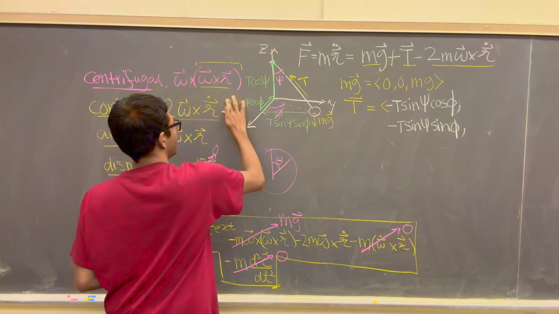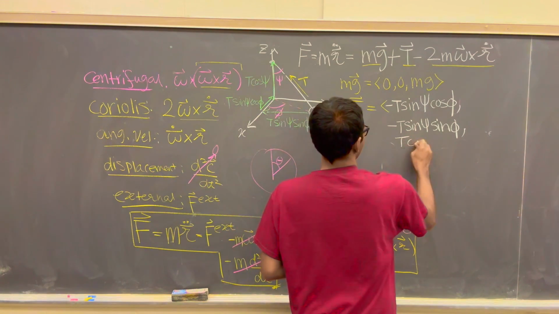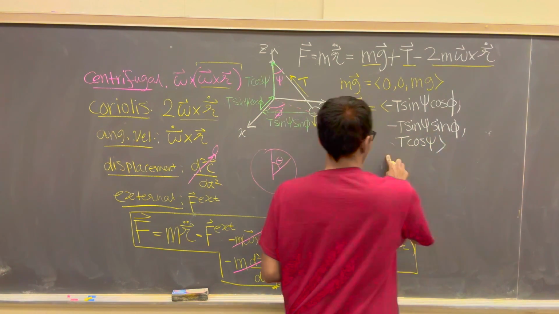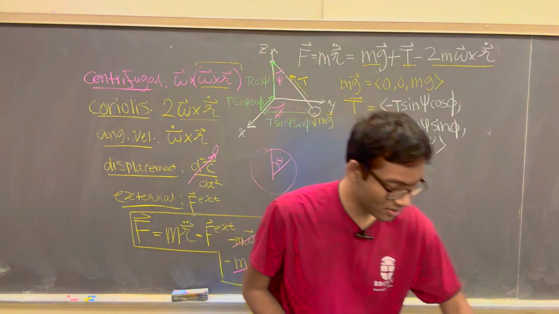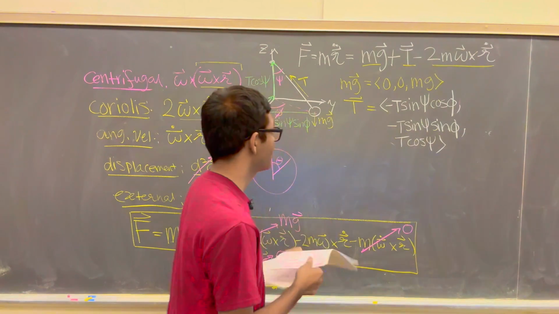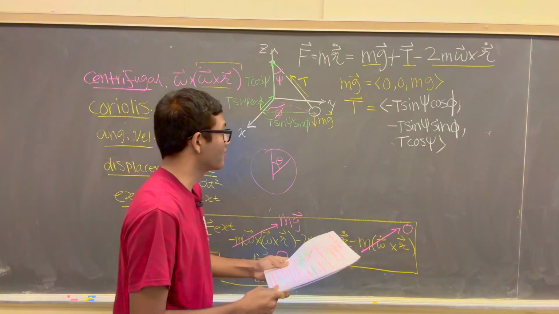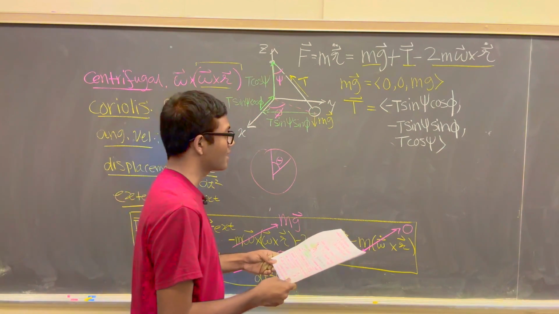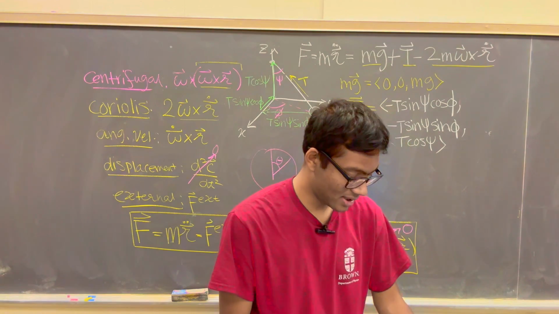So my z component is t cosine psi. Okay, very good. And that is our tension force. Let me make sure that I've written it down as I should. Minus t sine psi cosine phi, minus t sine psi sine phi, t cosine psi. Very good. So this is our tension force.